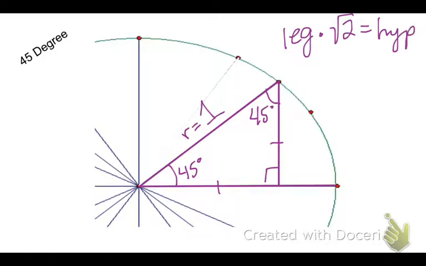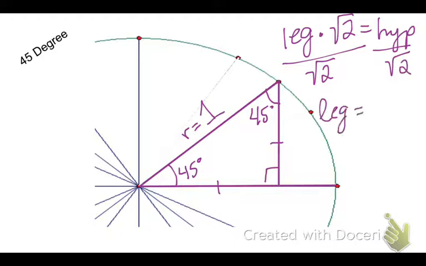So in this case, I know my hypotenuse, and I need to divide by the square root of 2. So my leg will equal 1, my hypotenuse, divided by the square root of 2.